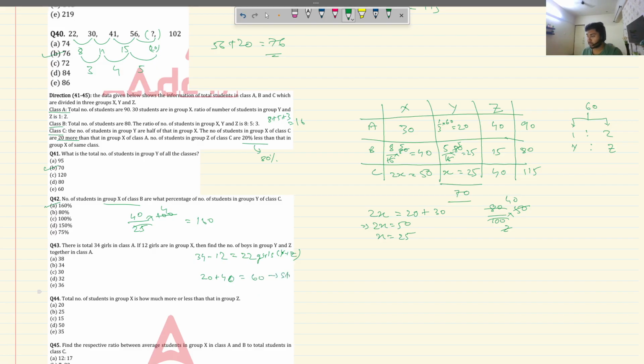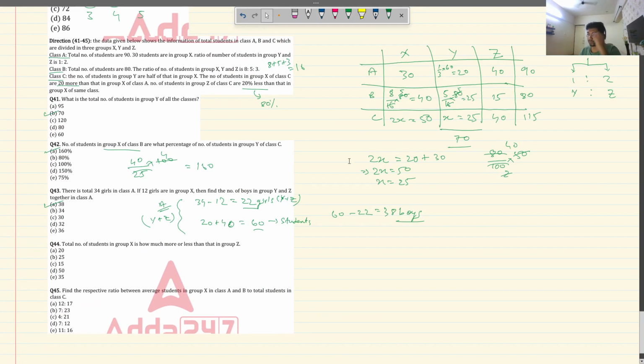This is total number of students of class A, Y plus Z combined, and this many number of girls. So number of boys would be 60 minus 22, that is 38 boys.